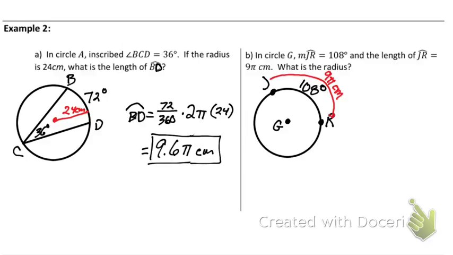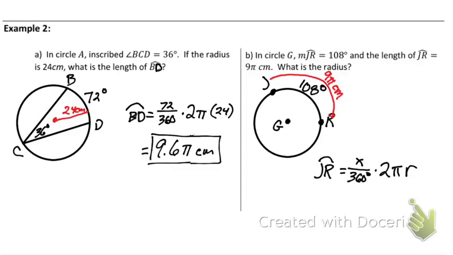Let's just real quick write down the formula for this. So the arc JR is going to equal our x divided by 360 times our 2 pi r. Well, we fill in the information we know. We know the length.